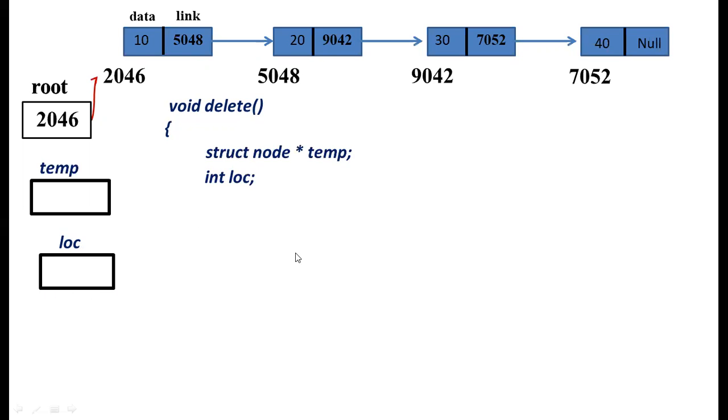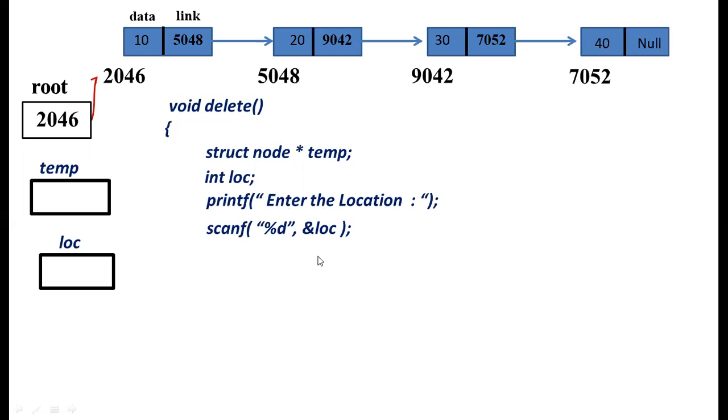So first we display a message, printf enter the location to delete. Then we scan the location using the scanf function: scanf %d, ampersand LOC, so we store the value at the address of the location.